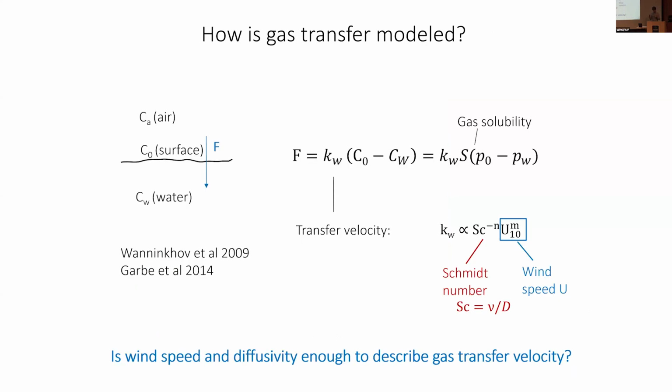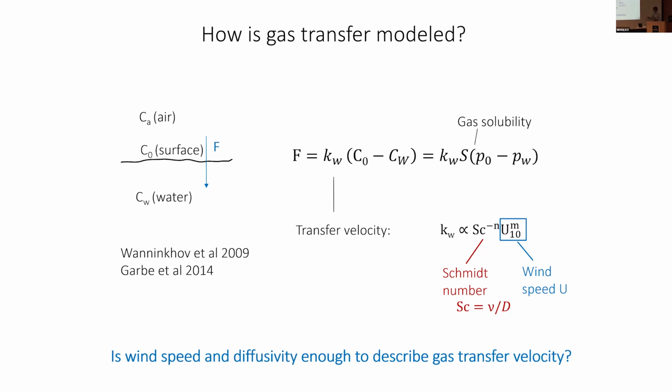So before I do that, it's been mentioned a couple of times already in the day, we can go back to how gas transfer is actually modeled in almost every single model. You're going to consider the partial pressure difference or the concentration difference between the air side and the water side, and the sign of this difference is going to control the flux, right? So if you have more gas in the air, the gas is going to go in the water, and vice versa. And so that's the formula that's written here, with your flux F, that's going to be some transfer velocity or piston velocity times the gas solubility times the partial pressure difference.